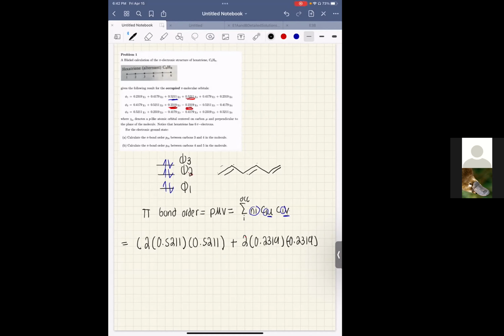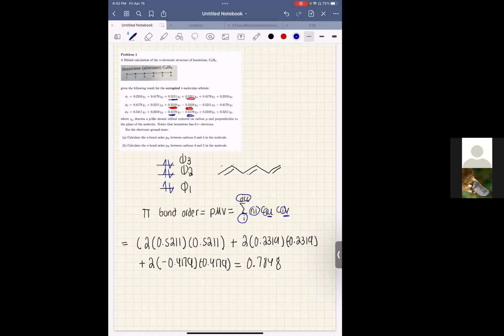And then we do the same thing here, plus 2 times negative 0.4179 times negative 0.4179. And that's going to equal 0.7848.